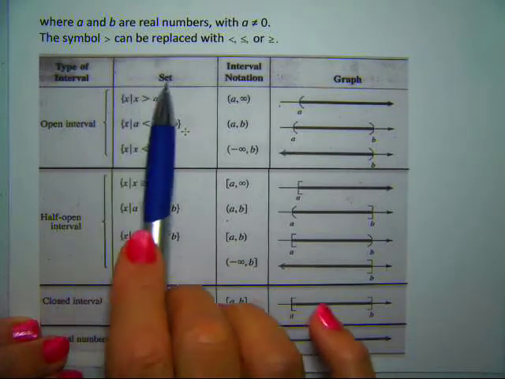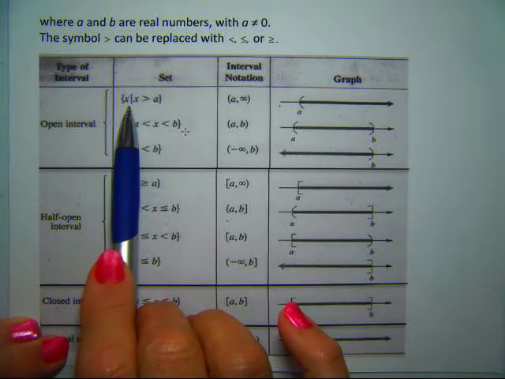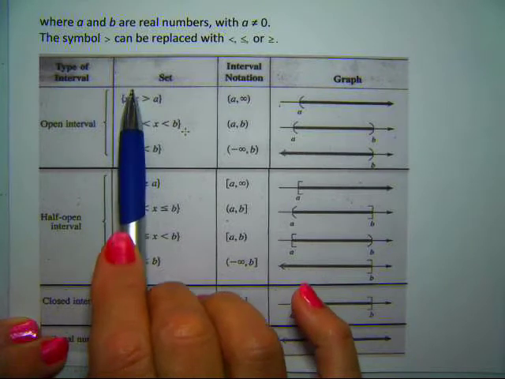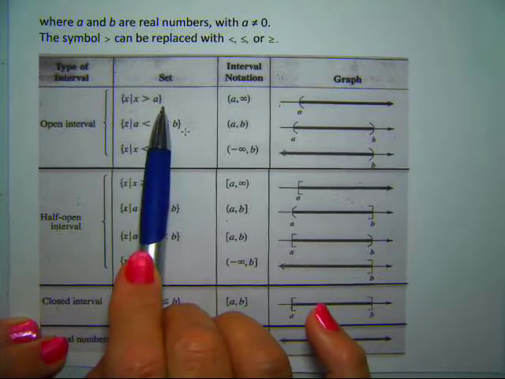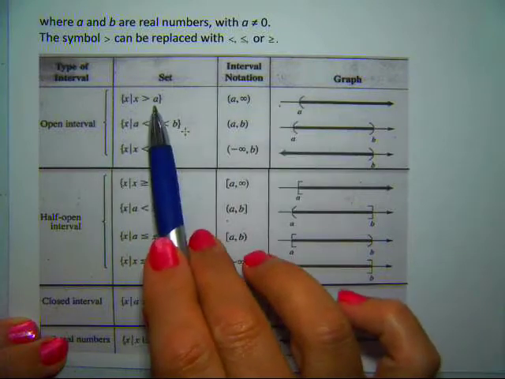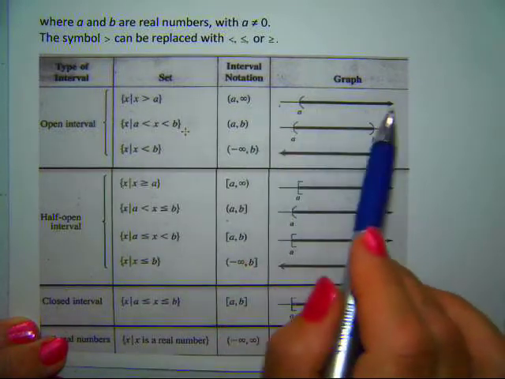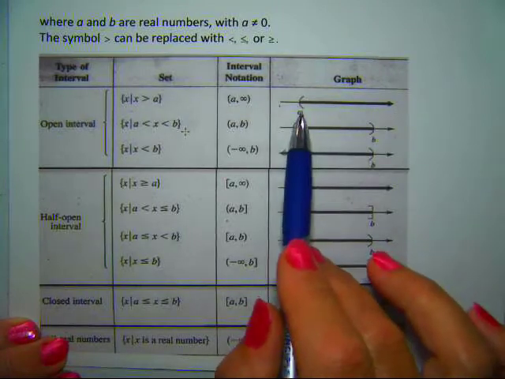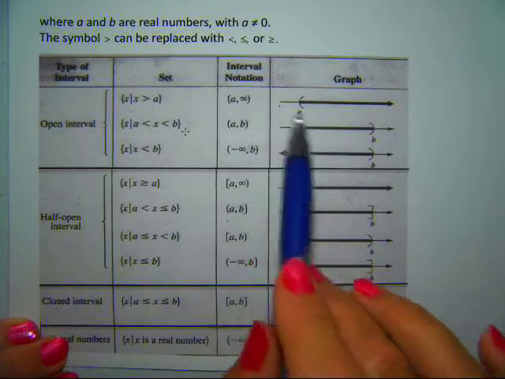But the set notation is read as follows. This is the set of all x's such that x is greater than a. Again, we're not going to use it. But what does it mean, greater than a? In a number line graph, you pick a place. I'm not going to start writing 1, 2, 3, 4.